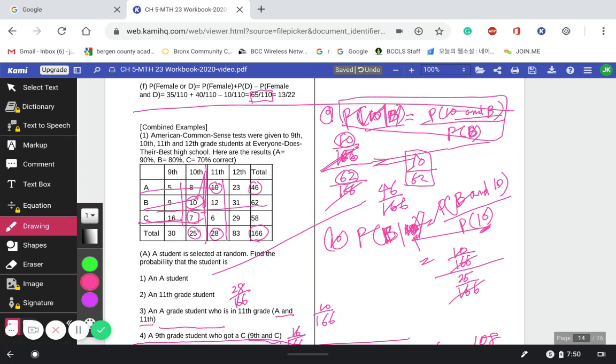Okay. So that's how you find the number 10, probability of B given 10. Try 11 and 12 on your own and compare with the solution key.